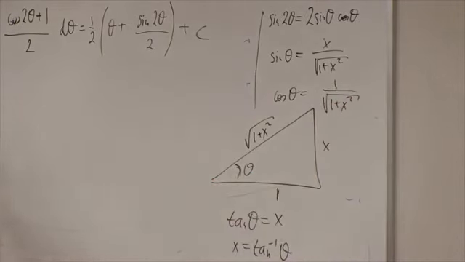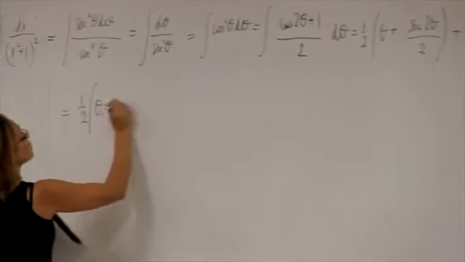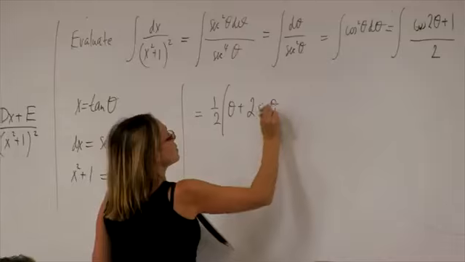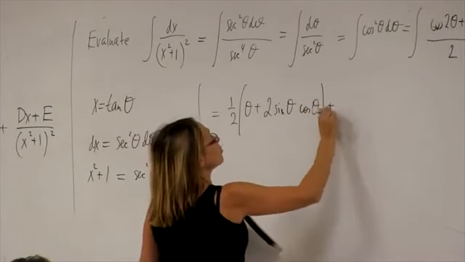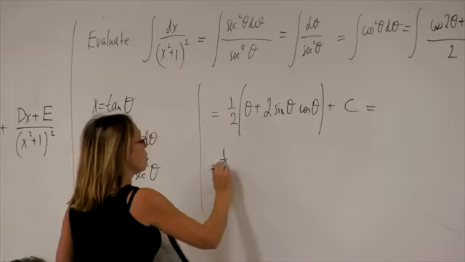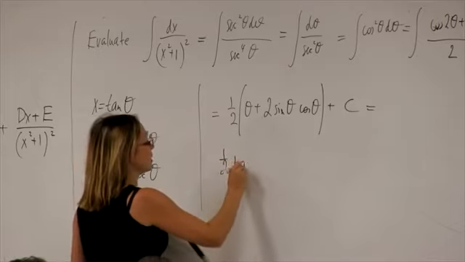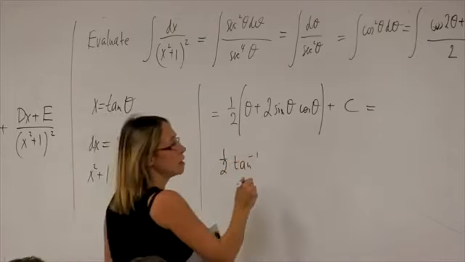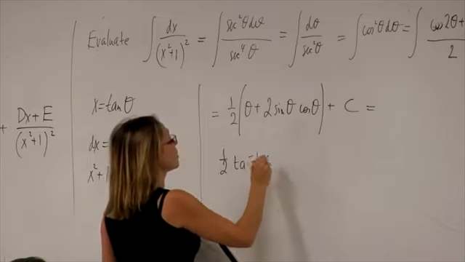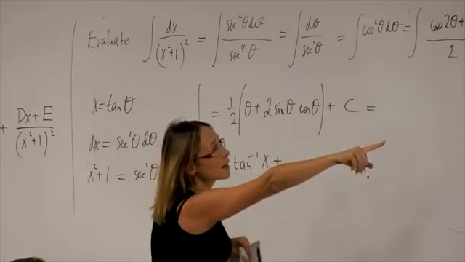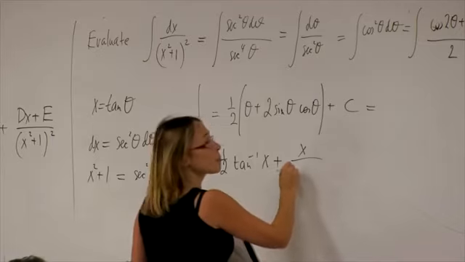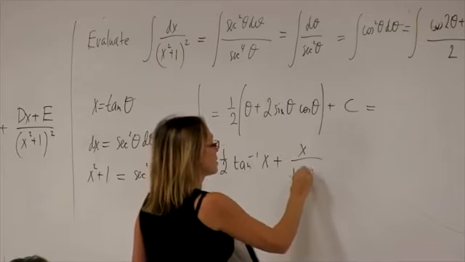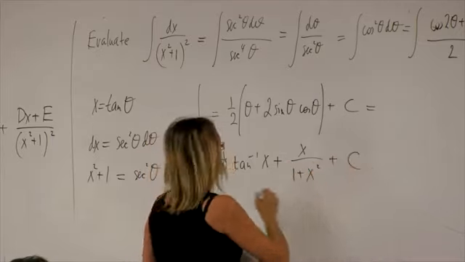Now I'm almost done. So I put 1/2 theta plus 2 sine theta cos theta over 2, plus c. So 1/2 tangent minus 1 of x plus sine times cosine, x divided by 1 plus x squared.